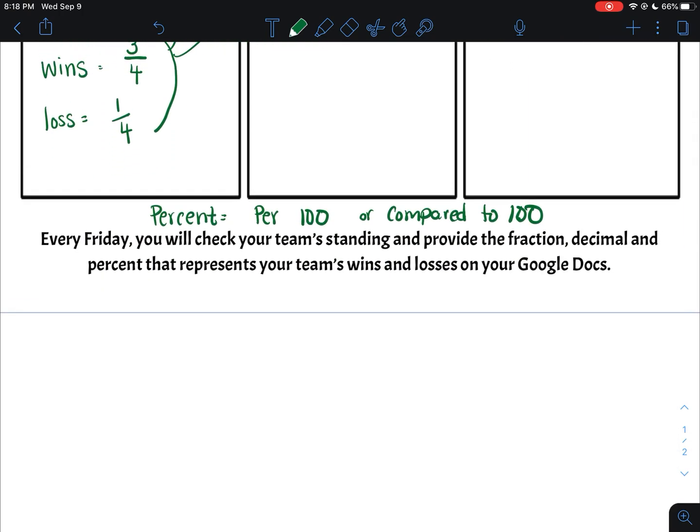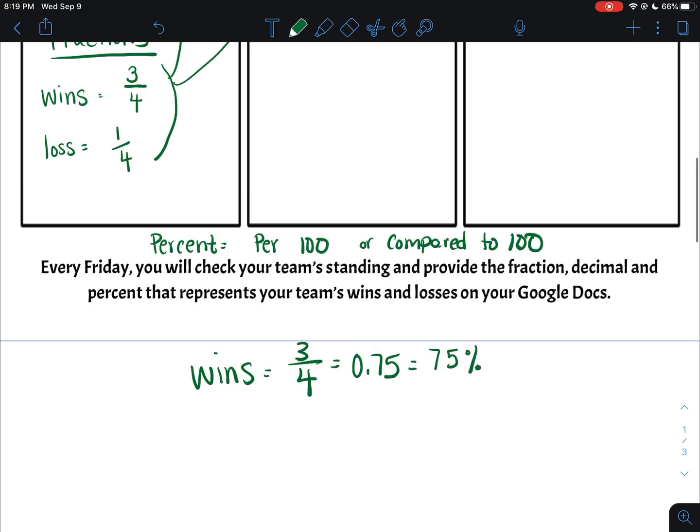You can write this on the back. My wins: they have won 3 out of 4 games. Another way you could say that is 0.75. That represents how many games they've won. Or the way you usually hear it is they have won 75% of their games. Okay?